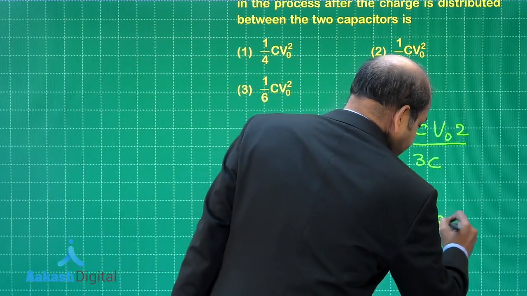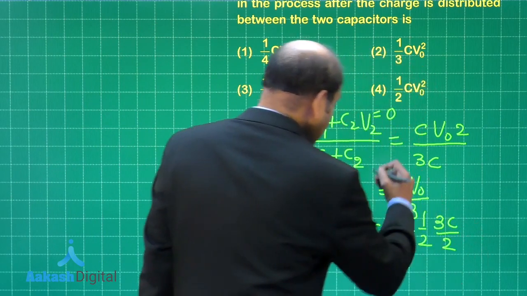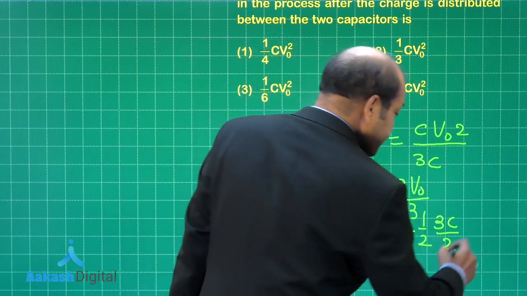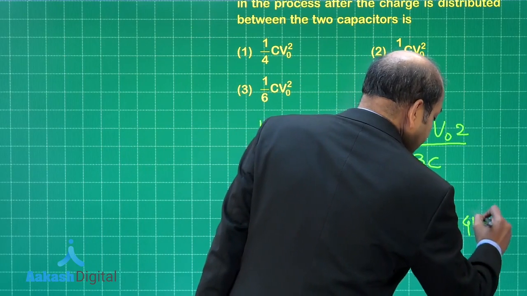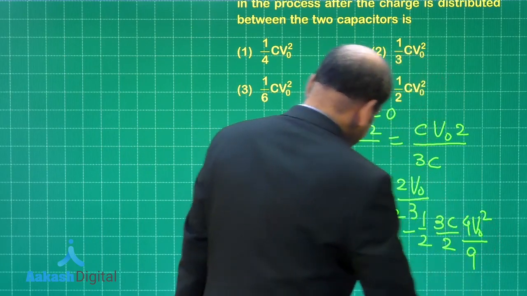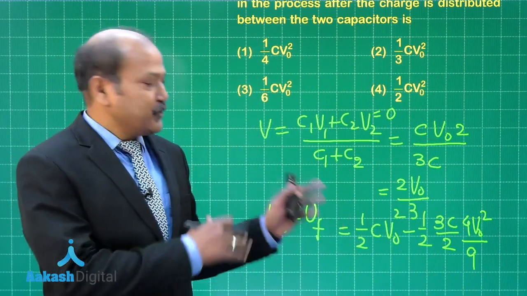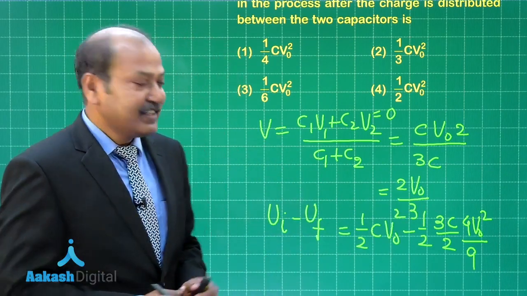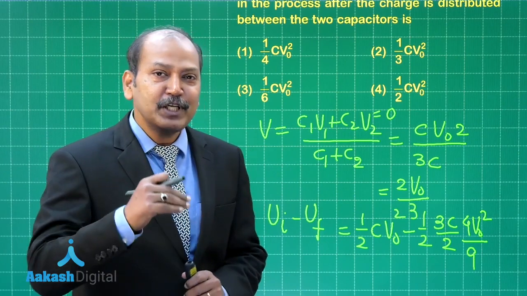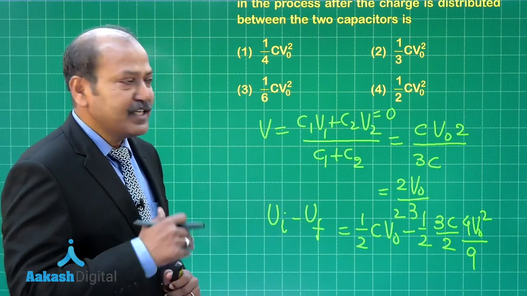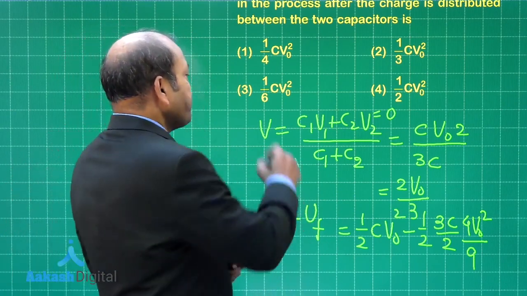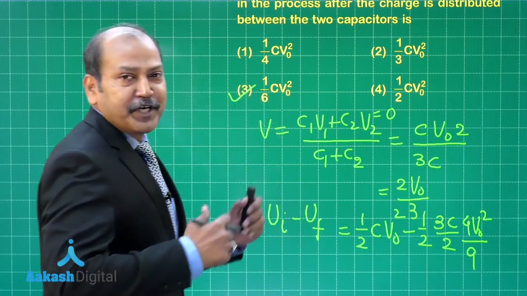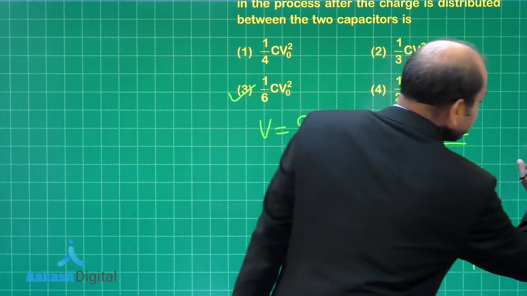So, this is half into 3C by 2 into the common potential square, that means 4 V naught square divided by 9. After doing the subtraction and some amount of manipulation, well, this expression comes out as equal to 1 by 6 C V naught square. So, option 3 is correct for this question. I hope the solution is clear.